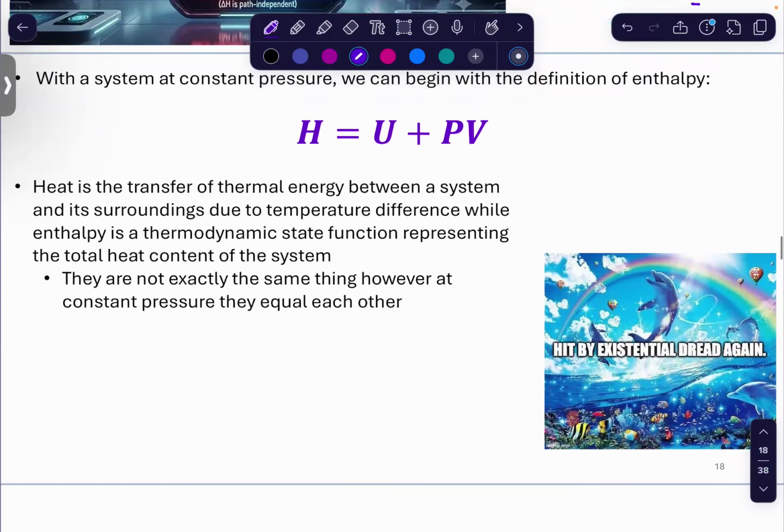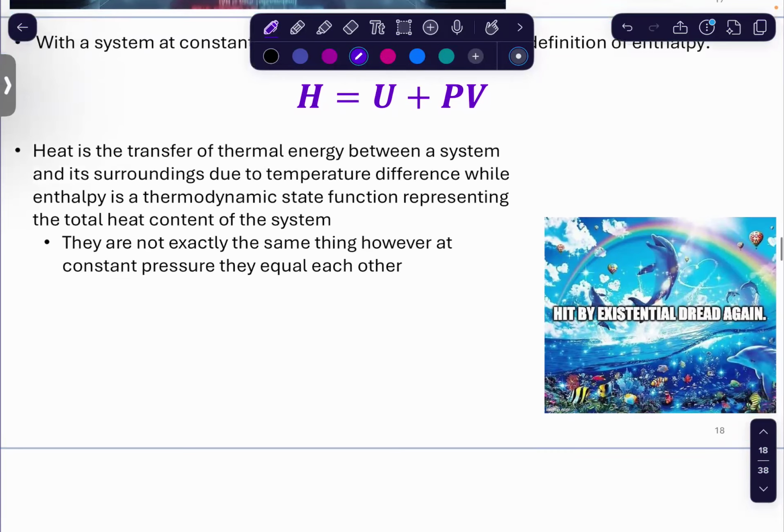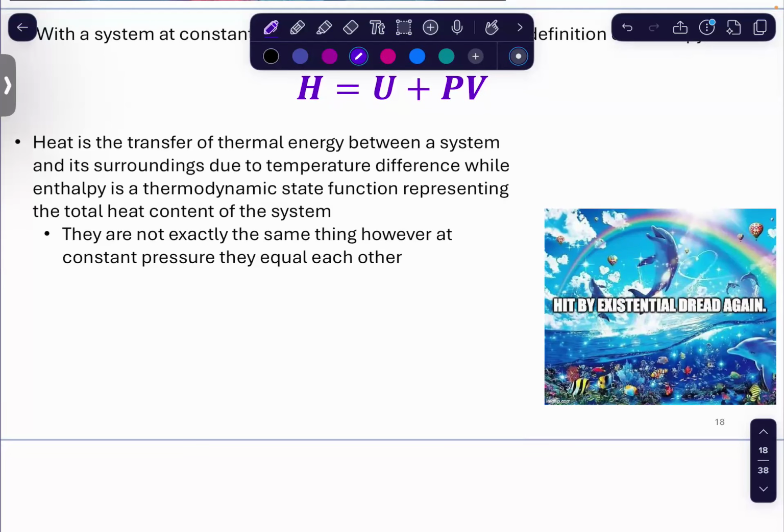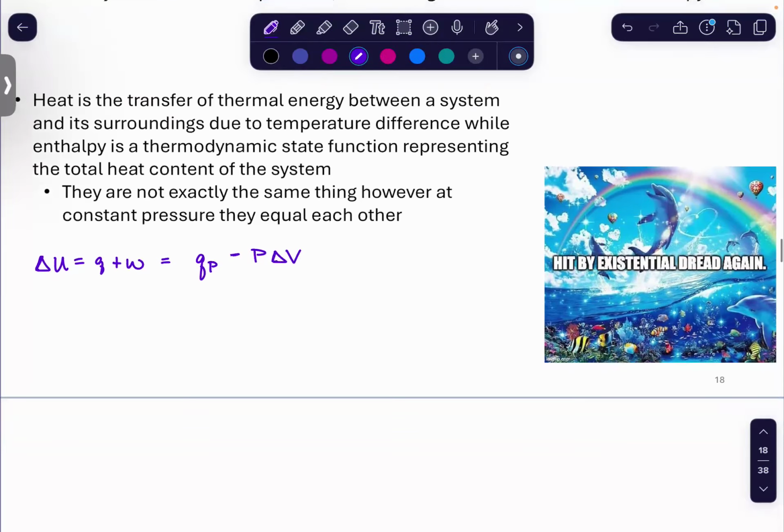So let's start by looking at a system at constant pressure. Like we started with our first law of thermodynamics, heat plus work, or Q_P minus P delta V. Of course, the subscript P means constant pressure.